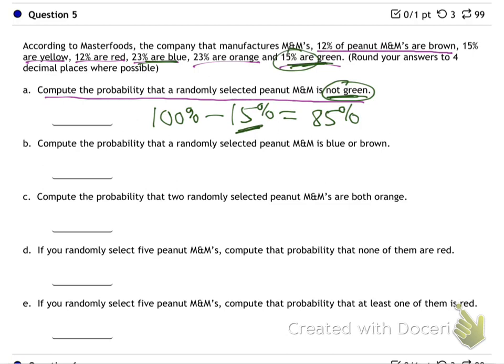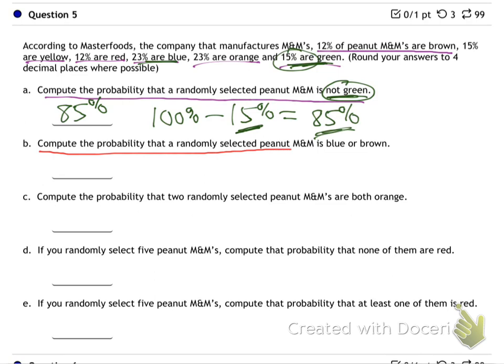Then subtract from 100, 85% are not green. There's an 85% chance, that's the probability, that you won't get a green one. Now we're going to go a long way with that not. Make sure that makes sense in problems to come. We'll do some tricky stuff with not. Make sure the not, the opposite ideas landed on you. I'm glad to talk more about it.